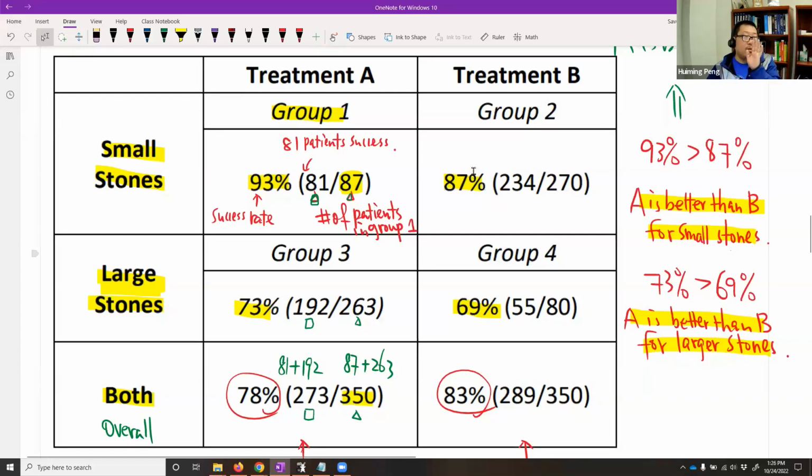Can you see 87 patients here in group 1, but 270 here in group 2? This number is much smaller than that number. It is similar to having 3 students here and 3,000 students there. You can see the comparison is meaningless.